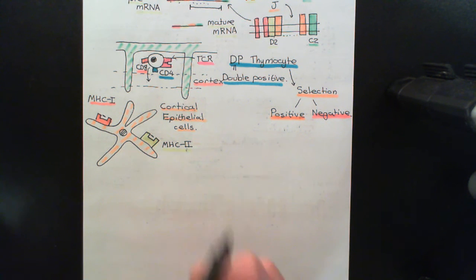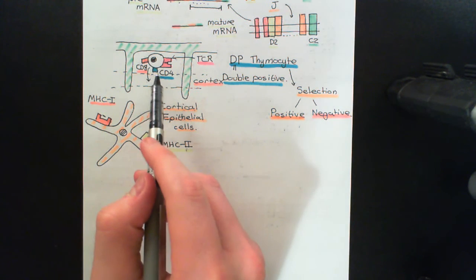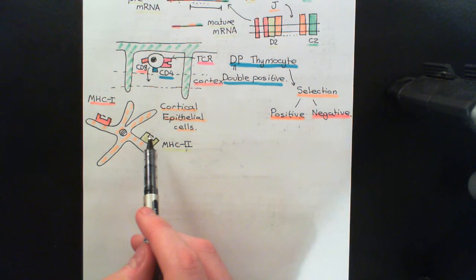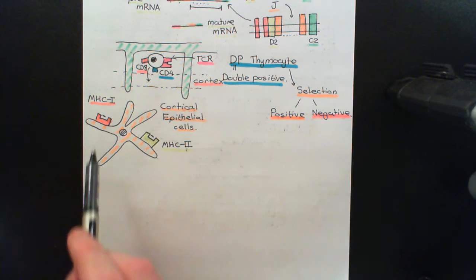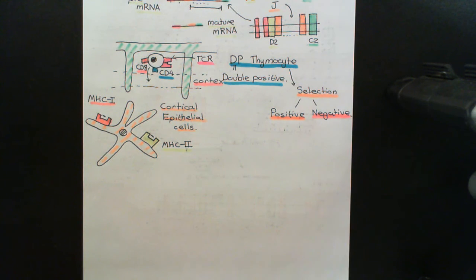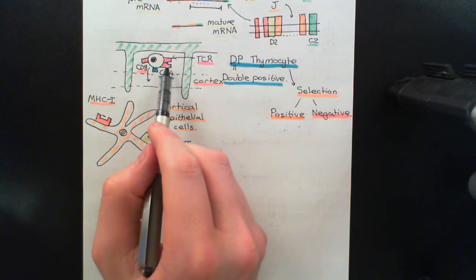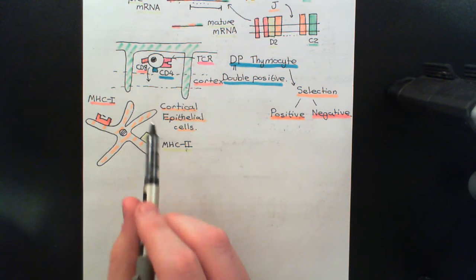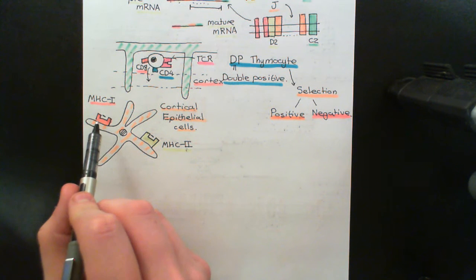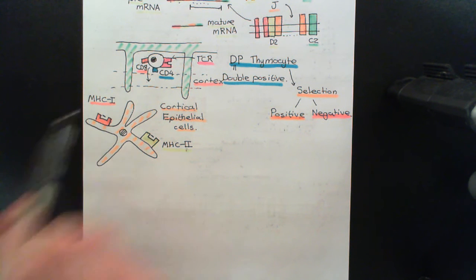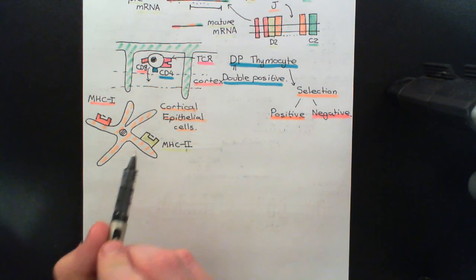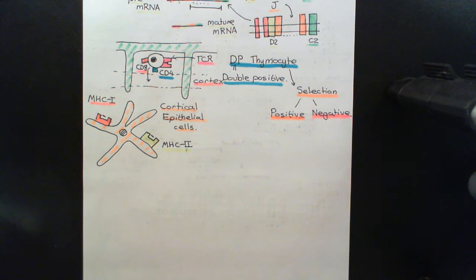Now what's going to happen is our double positive thymocyte here is going to come down into the cortex, and it's now going to interact with the cortical epithelial cells. What needs to happen is the T cell receptor on the double positive thymocyte needs to bind to either one of the MHC class 1 protein complexes or one of the MHC class 2 protein complexes.